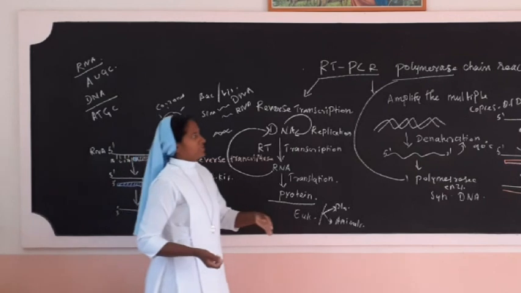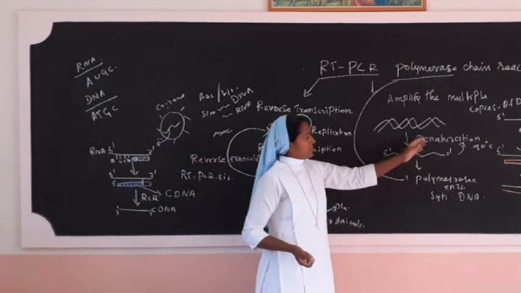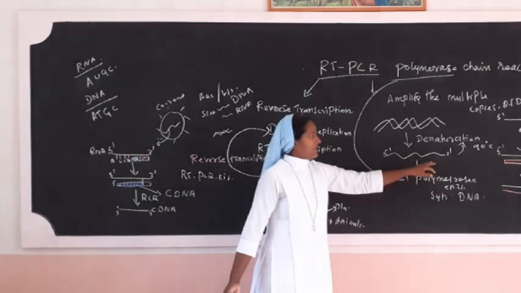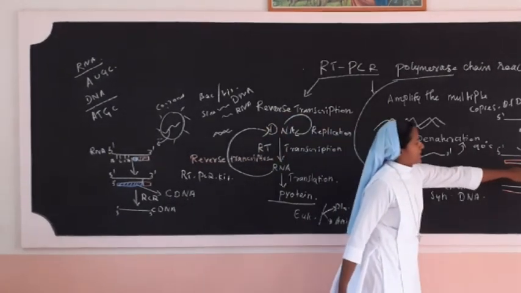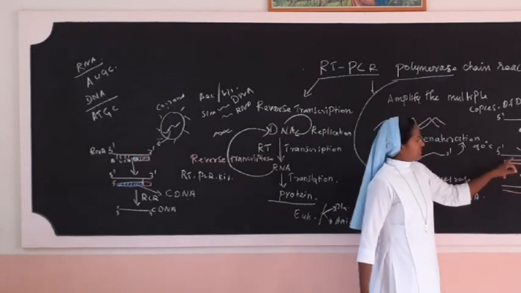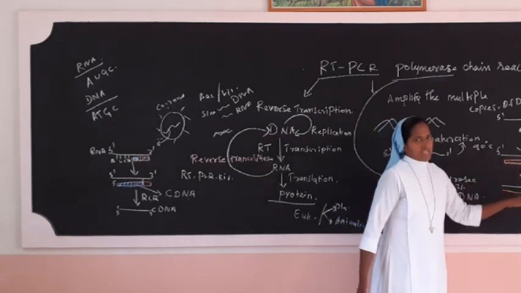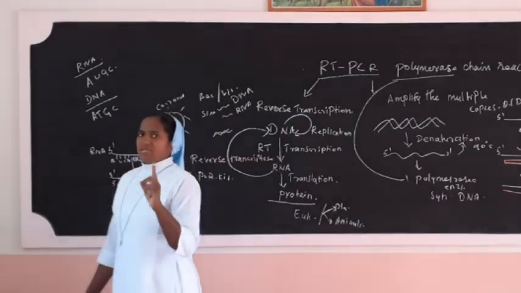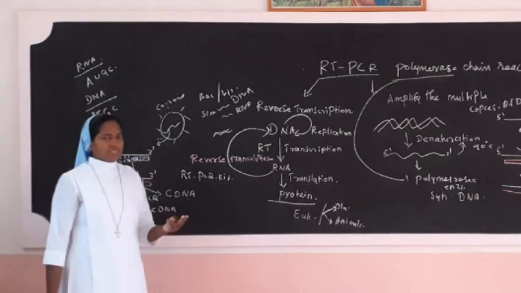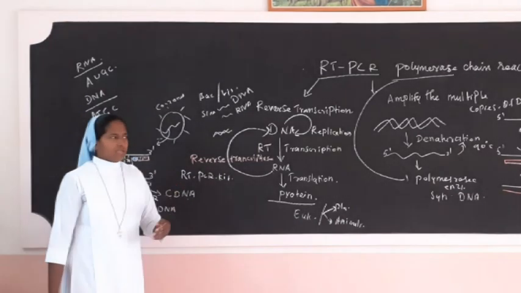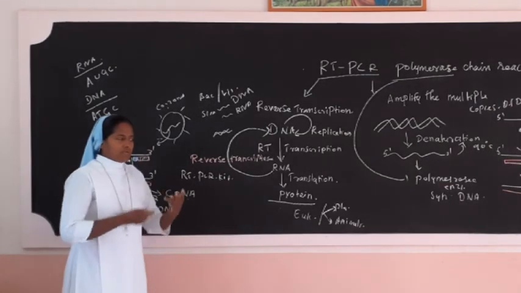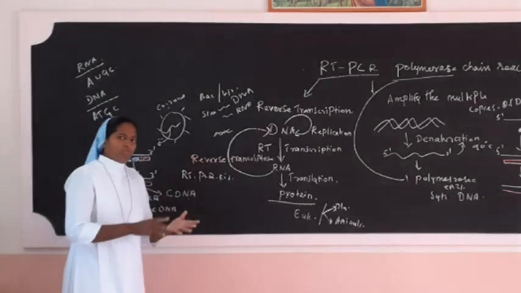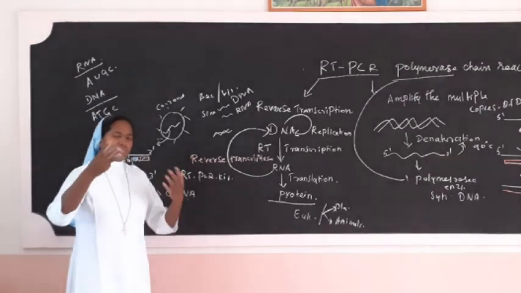Again, what process will continue? Denaturation will not occur, because now the single strand is already formed, and then annealing will take place. Annealing means attaching the primer and synthesizing a new strand, and then double strand DNA will be formed. Suppose in one cycle one single strand makes 2 copies, then in the second cycle those two DNAs will form 4 copies, then 8, then 16, 32.